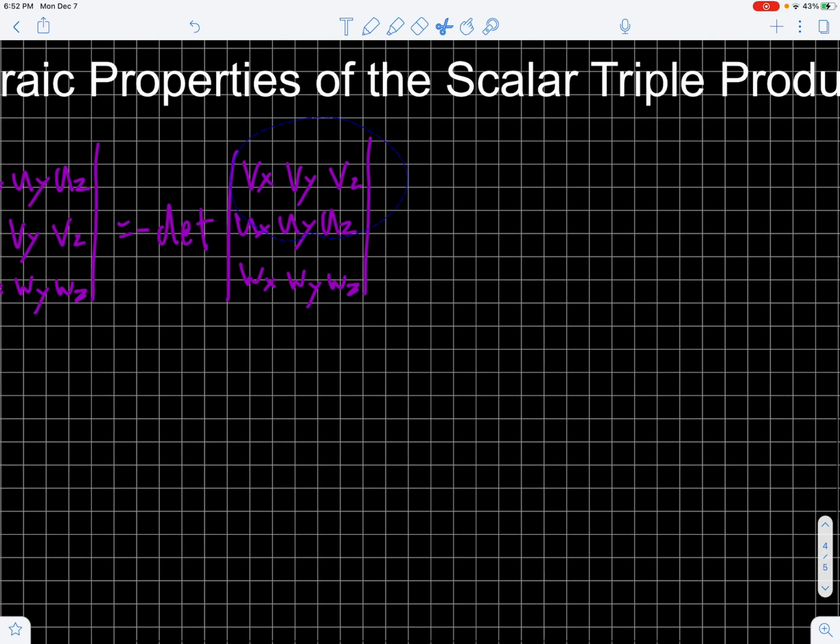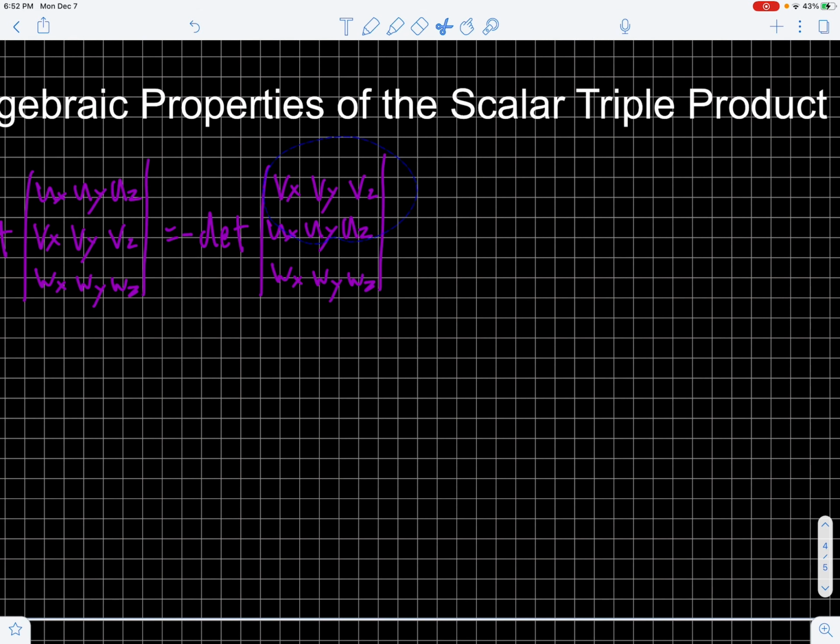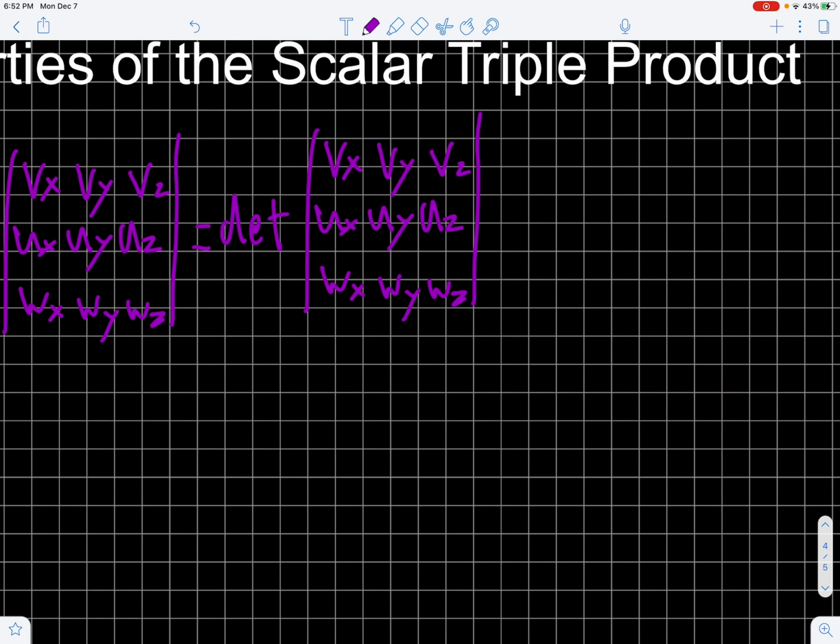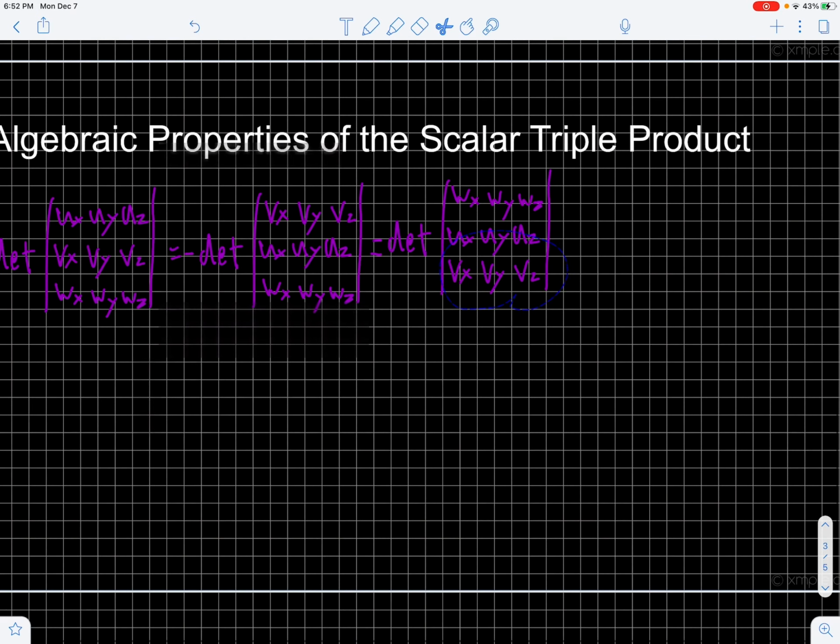Now, if I switch two more rows, the determinant becomes positive again.